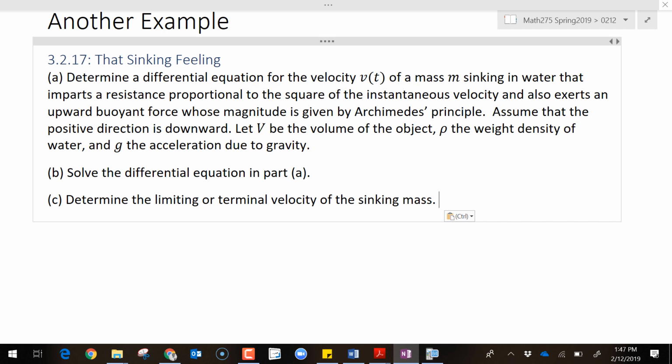It also exerts an upward buoyant force whose magnitude is given by the Archimedes Principle. And Archimedes Principle was back in chapter 1, I think in section 1.3. Assume the positive direction is downward. Let V be the volume of the object, rho be the weight density of water, and g is the acceleration due to gravity.